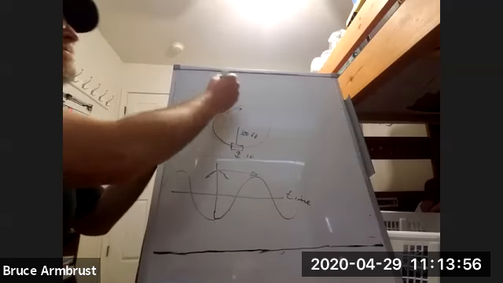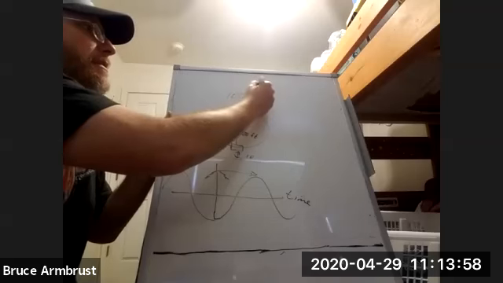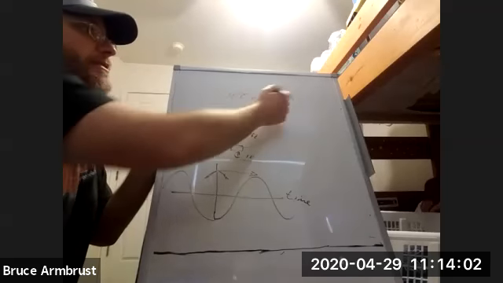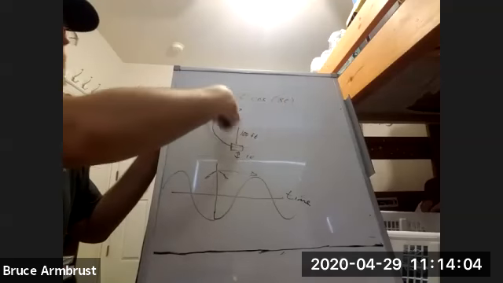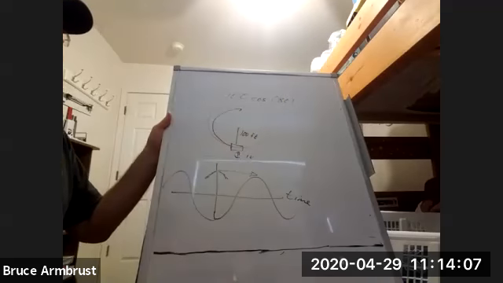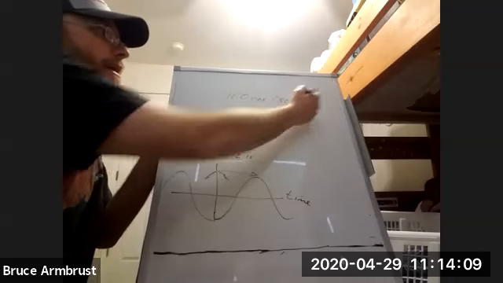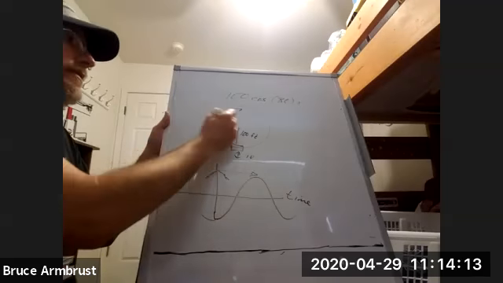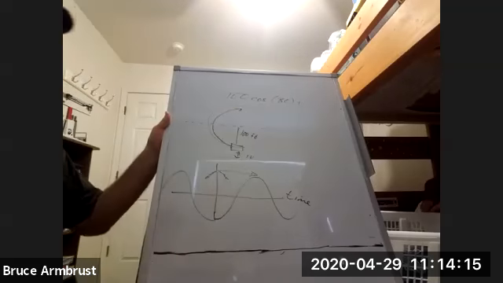So I would have negative 100 cosine of whatever, but I'll just leave it as b. That would be determined by how fast the wheel is going around. But then I would need a shift upward, and that's a question of where the midline is.